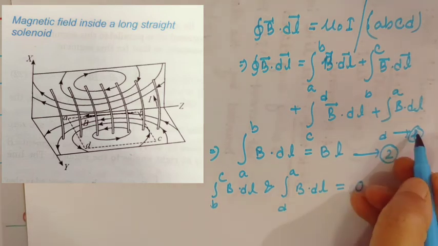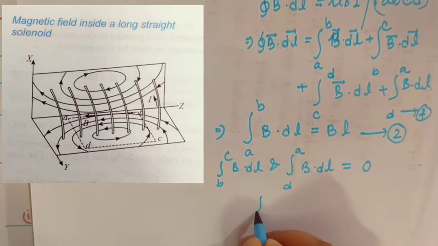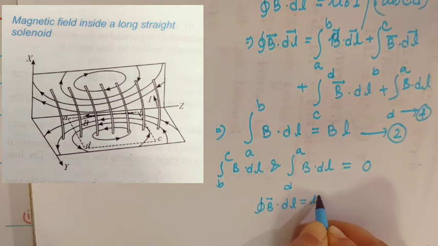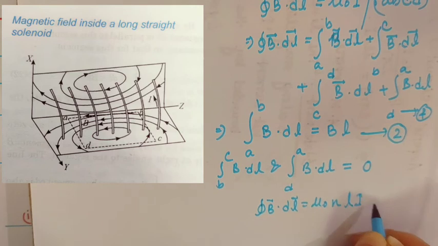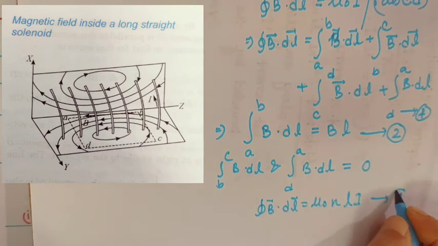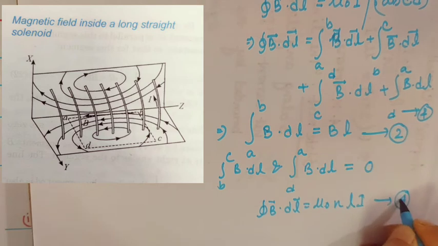Therefore, from equation 1, what can we write? From equation 1, we can write closed integration B dot dl is equal to mu naught nLI. Give this equation number 3.